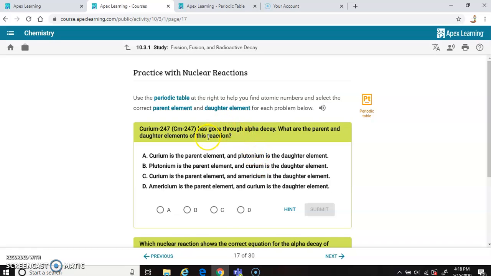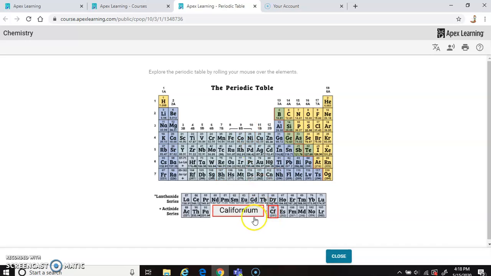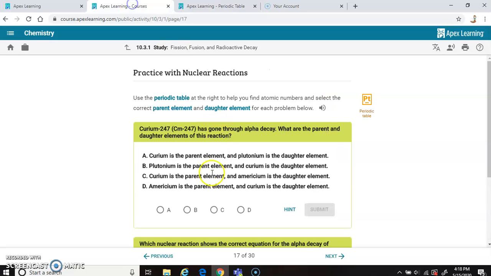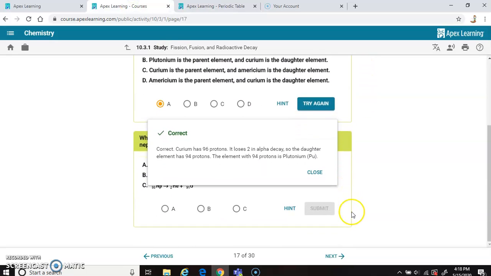I look through the periodic table and find curium first and find out what number, and then subtract 2 because it's lost 2 protons. Curium is number 96, and if it loses 2 protons through alpha decay, I go 1, 2, it goes to plutonium, and that is the daughter element. So it is A.